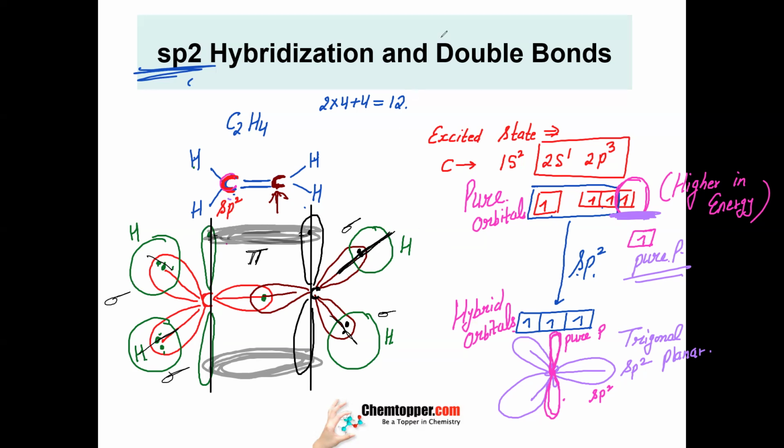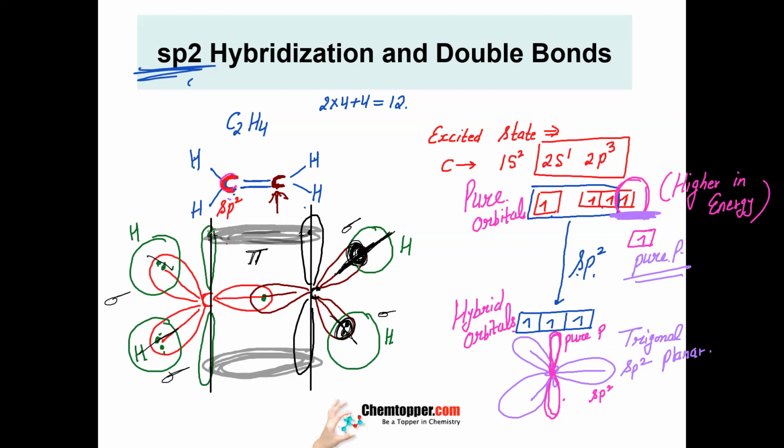Am I audible, children? Hello? Yeah, sigma is stronger. Sanjeev, you're right. Because it's the real overlapping. You can see how the real overlapping is taking place. They are sharing the space like this. Sigma bond is very strong.